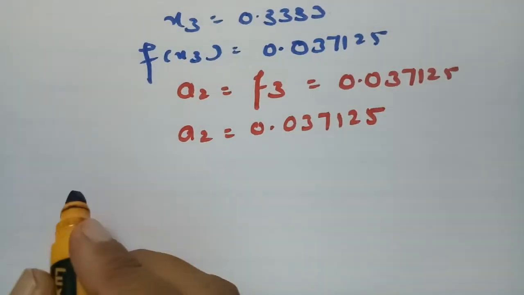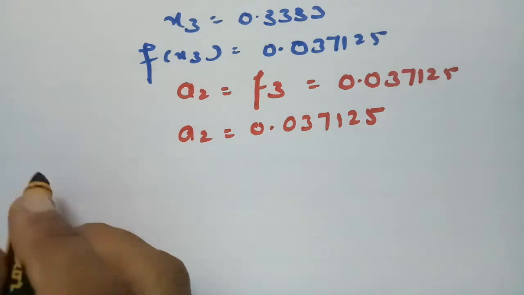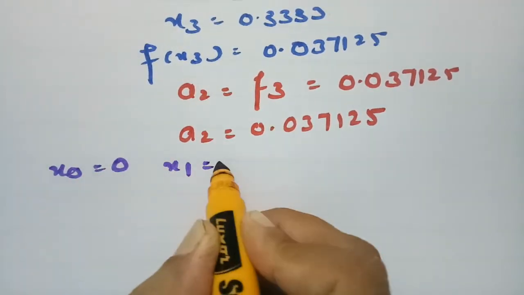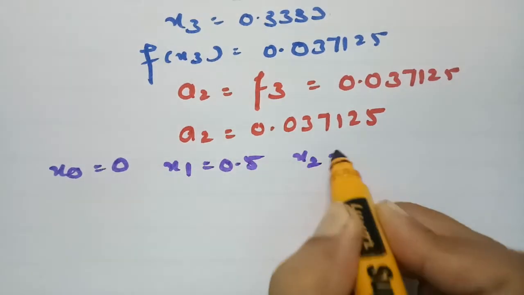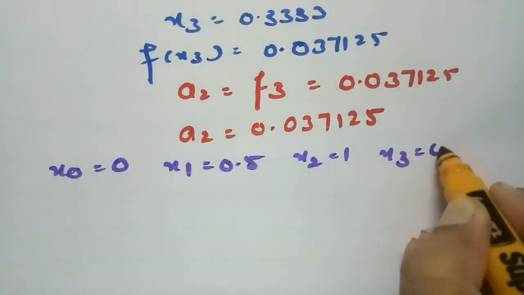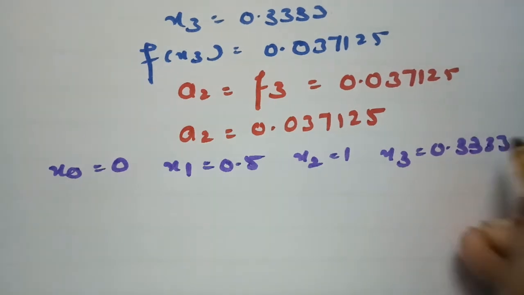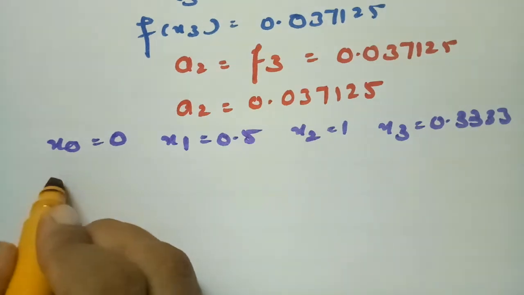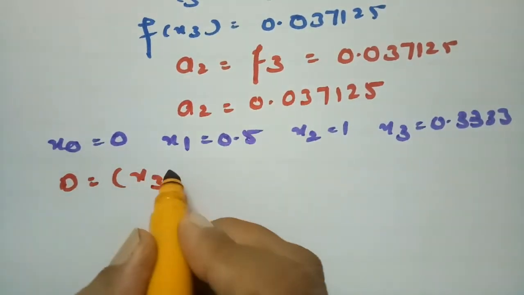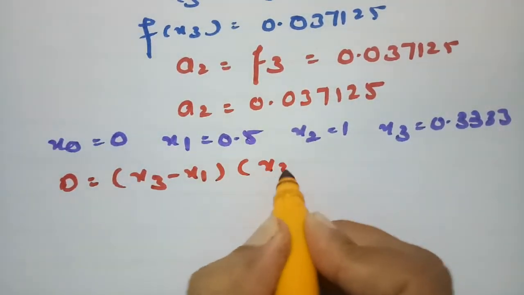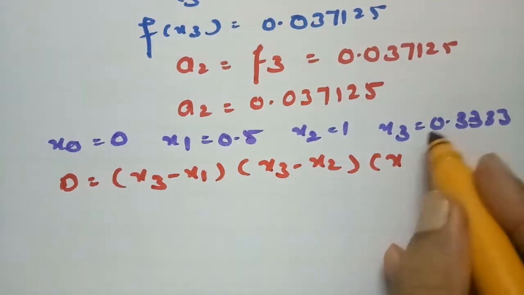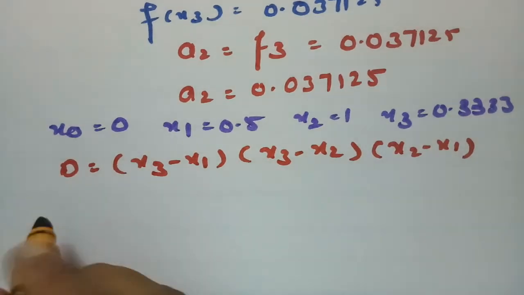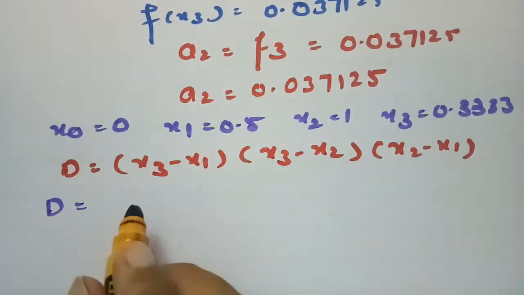So what will be the d value? As you have x0 0, x1 is equal to 0.5 and x2 1 and x3 recently found, that is 0.3333. So we need the value of d. According to the second iteration, d is x3 minus x1, x3 minus x2, and next x2 minus x1. So if you substitute all these values, what is d here?